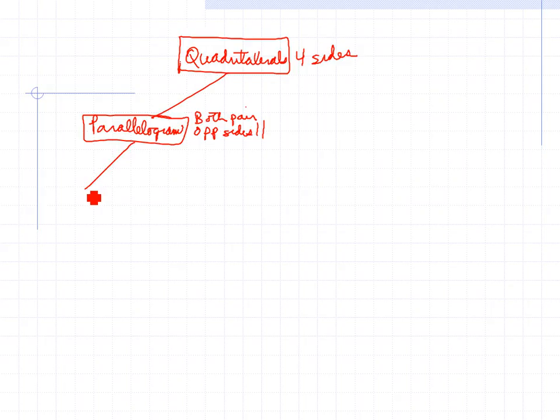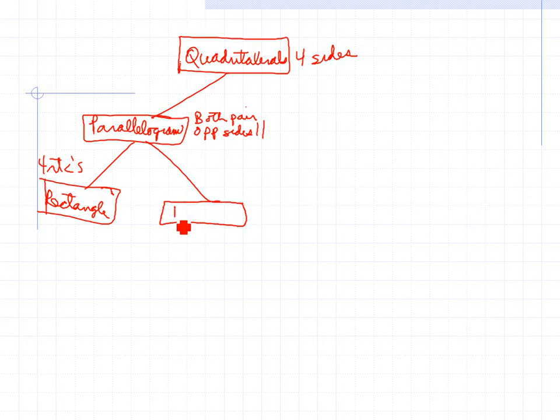Off a parallelogram, we had a branch that went to what? Rectangles. What was the key idea about a rectangle? Four right angles. Off a parallelogram, we also had what else? Rhombus. Four congruent sides.